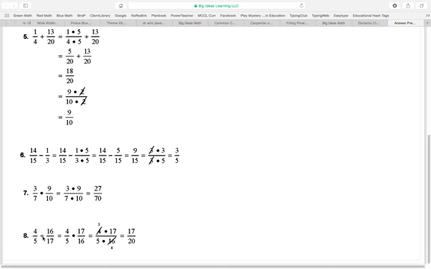4/5 divided by 16/17. So if you remember, we have to take the second fraction and we have to find the reciprocal of it. So instead of 16/17, we're going to have 17/16. Then we have 4 and 16 right here. We can cross cancel them, divide them each by 4. So 4 becomes 1 and 16 becomes 4.